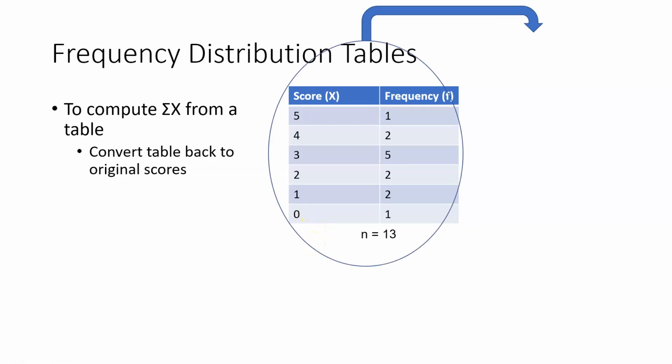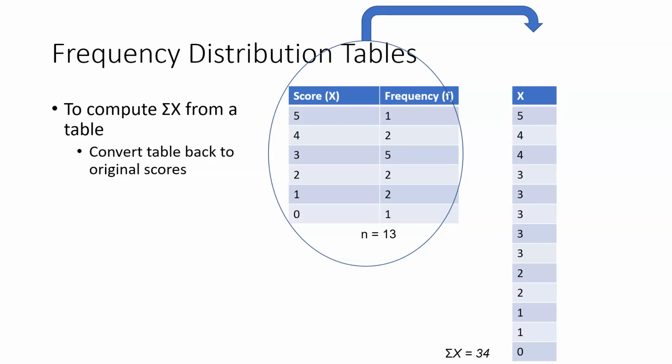So if you take this and write out the 1 five, the 2 fours, the 5 threes, the 2 twos, the 2 ones, the 1 zero, then you would write it like this. You'd write out all those individual scores. There are 13 of them, and then you could figure out what is the sum of all of these.